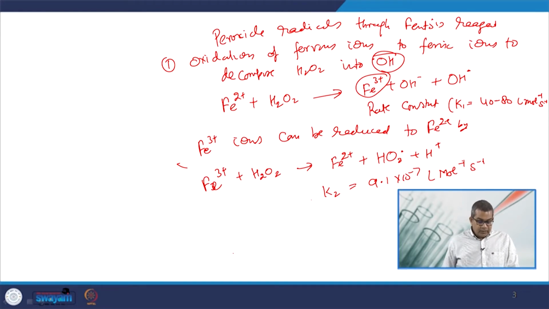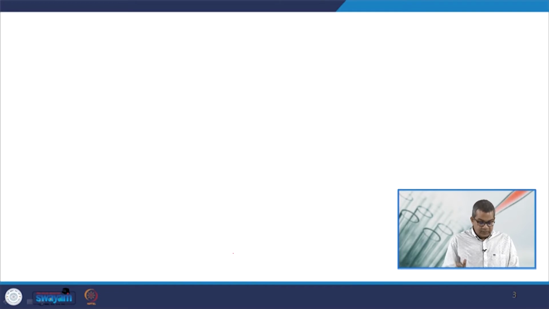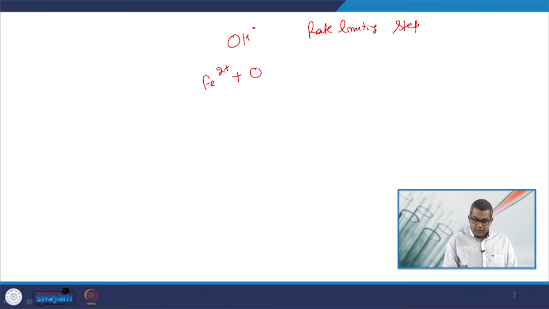Now, the rate limiting step where this OH radical can be consumed can be written as Fe2+ plus OH radical gives Fe3+ plus OH-.